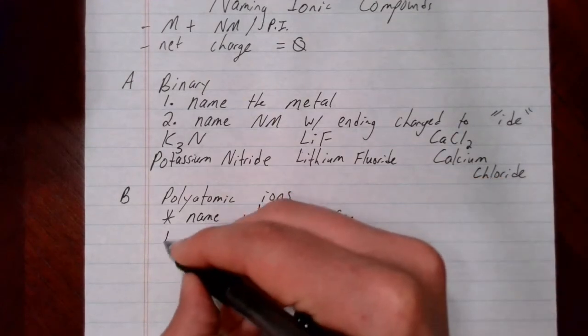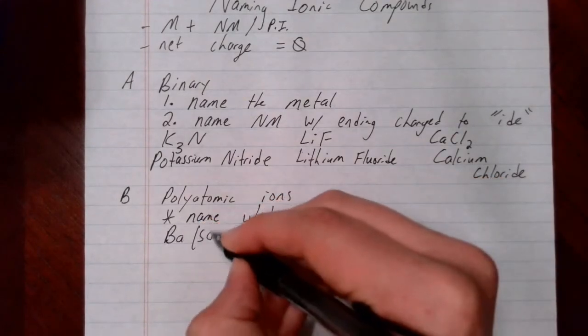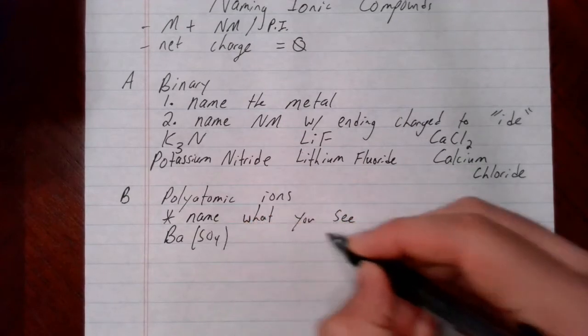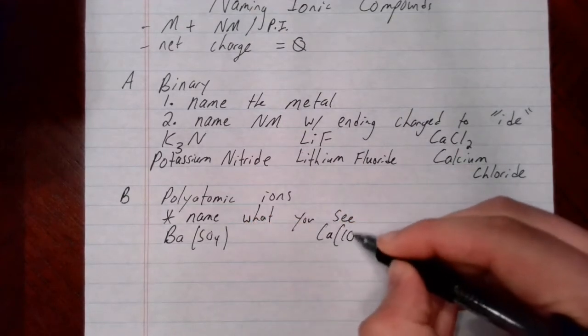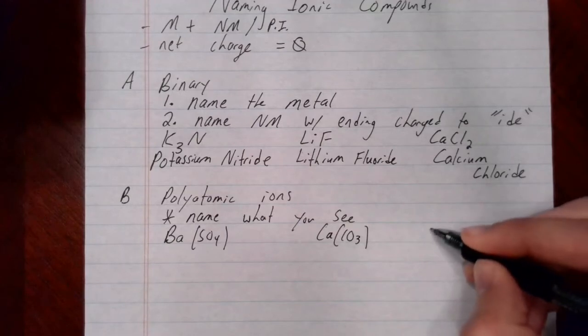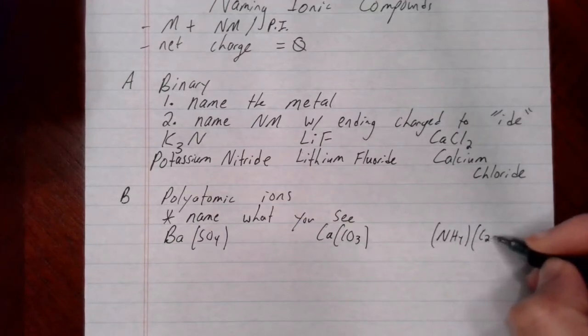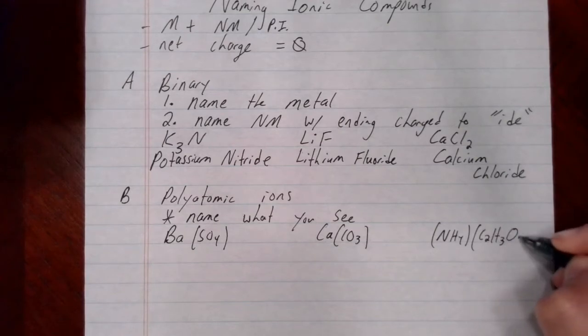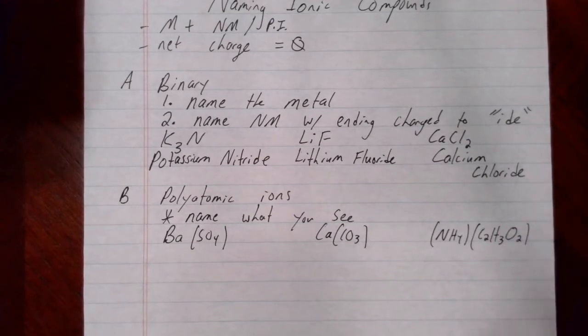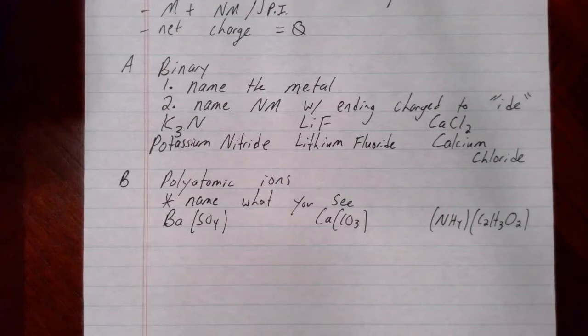So we have BaSO4, we have CaCO3, we have NH4C2H3O2.